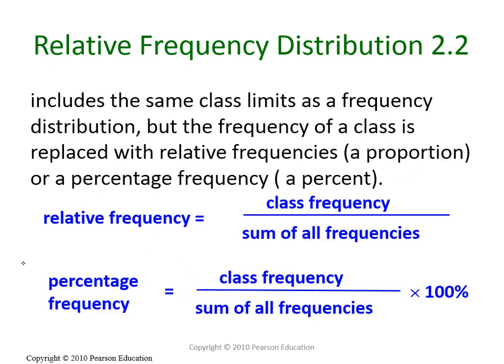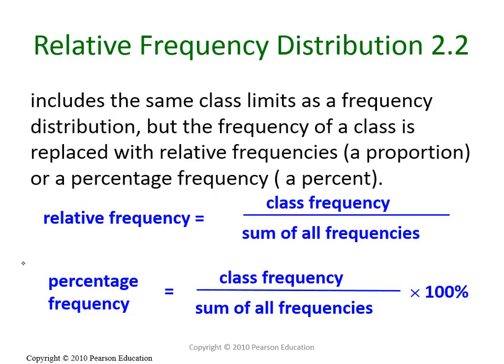Another one we can use is the relative frequency distribution. It includes the same class limits as a frequency distribution, but the frequency of a class is replaced with relative frequencies, which means it's either a proportion or a percentage frequency. If it's relative to everything else, it's in comparison to everything else.